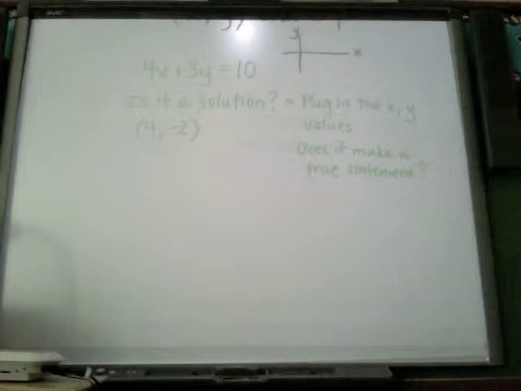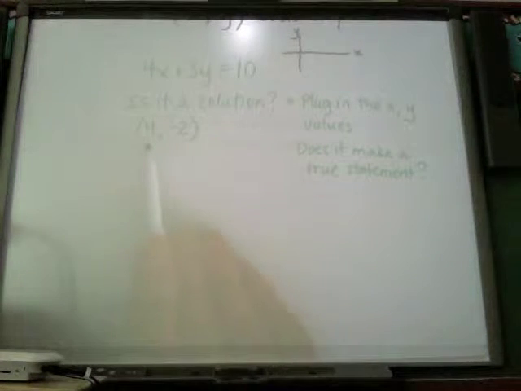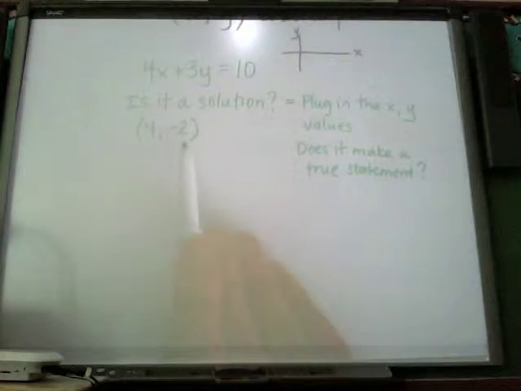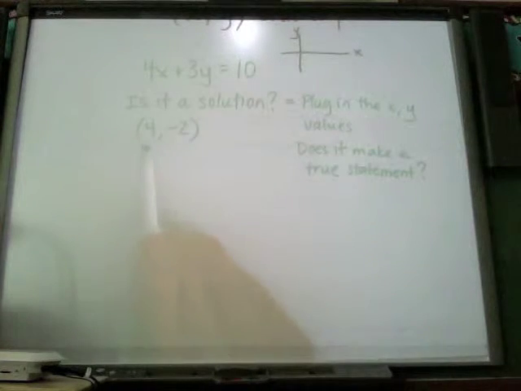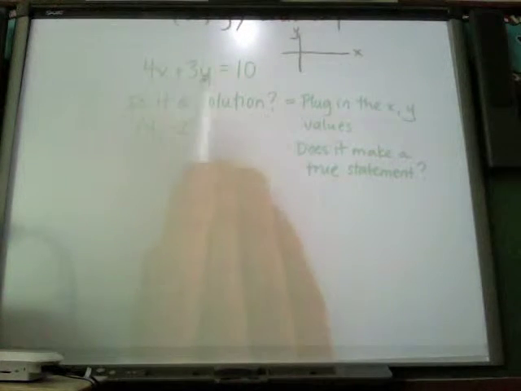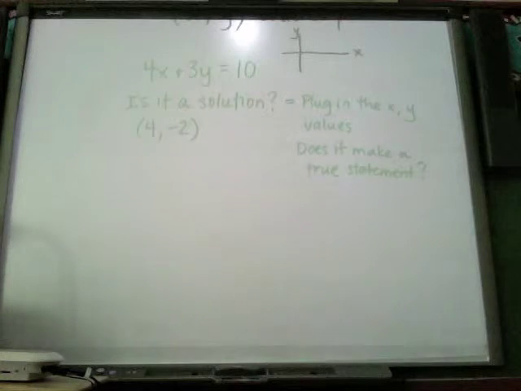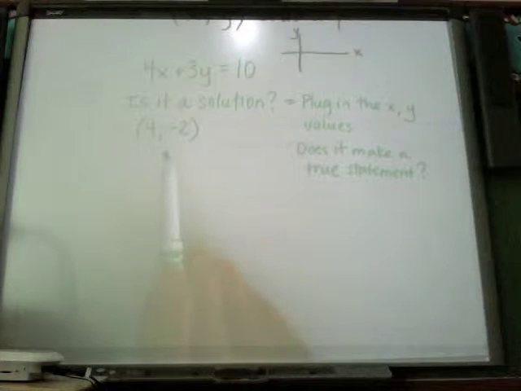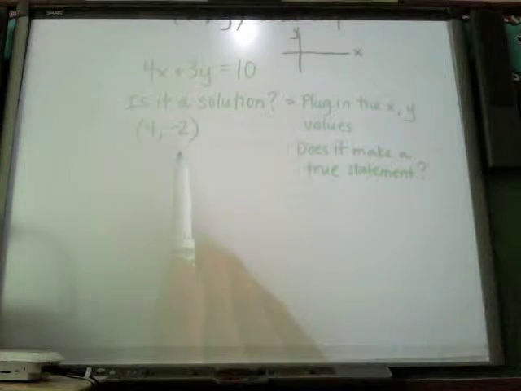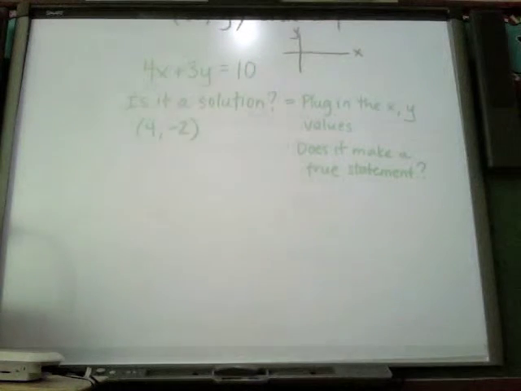So we look at the equation we're given. We're going to take the ordered pair, remembering that the first number is the x and the second number is the y. We're going to plug these numbers in to the equation for the x and the y. If this is a solution, your answer will be yes or no. Is it a solution? Yes. Is it a solution? No. That yes or no comes from this question. Does it make a true statement when we plug them in?